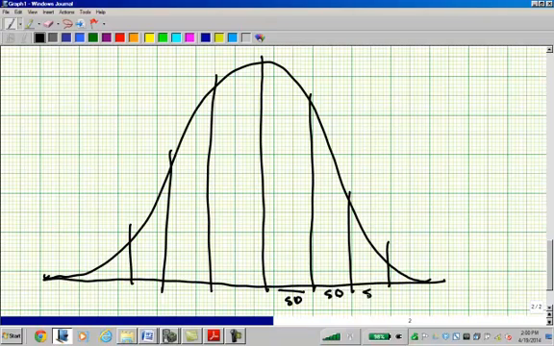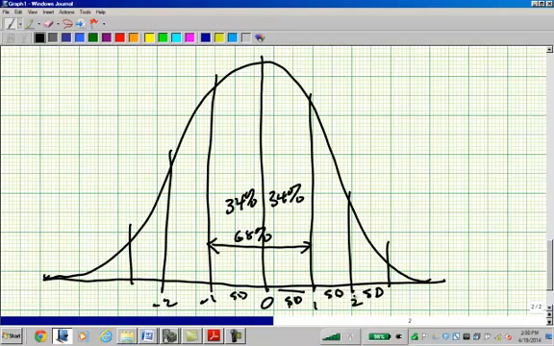Between -1 and 1 standard deviations from the center of the normal distribution is 34% of the population here, 34% here, from the point of view of whatever statistic you're thinking about. And so 68% is between -1 and 1.